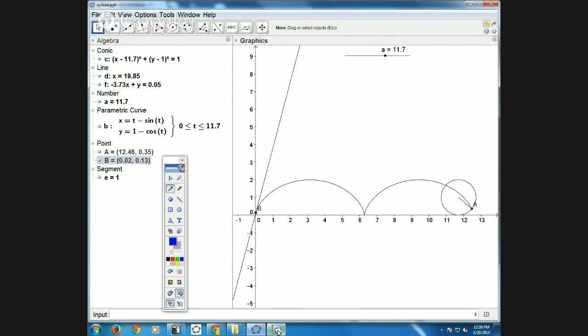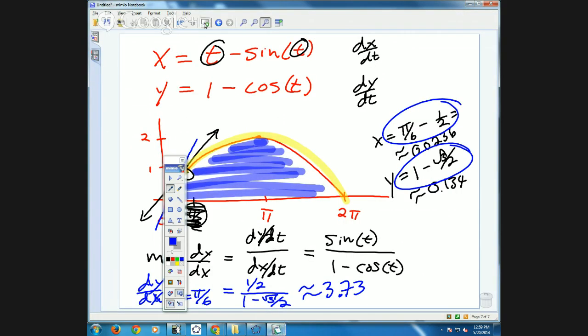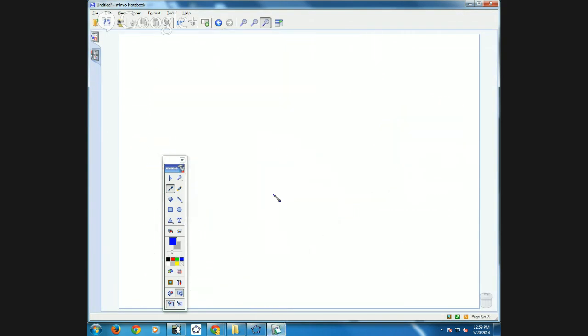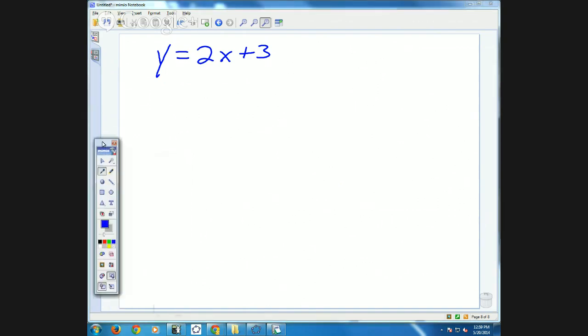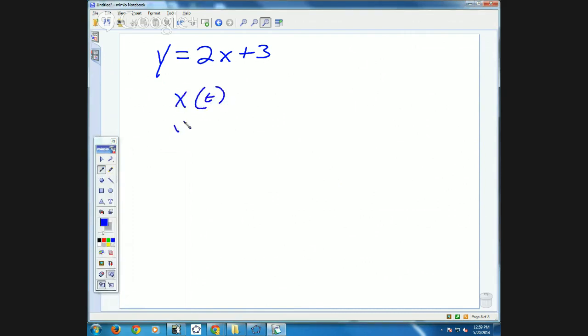So I'm just going to pick a different line where the numbers aren't so messy. How could you parameterize a line? So what we want to do, just a side note, suppose we have y equals 2x plus 3. And I want to parameterize that. And what I want is x as a function of t and y as a function of t. Easiest possible parameterization here. You ready?